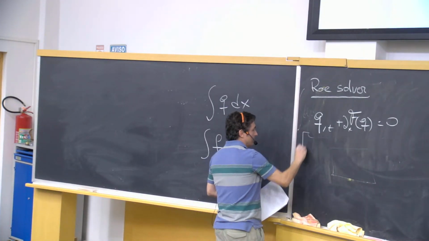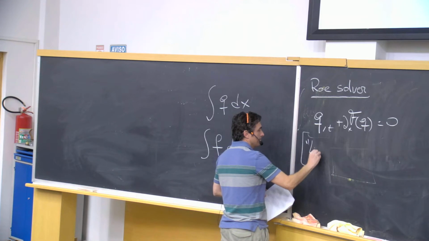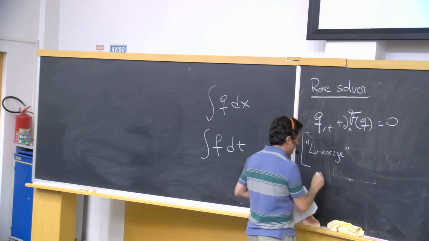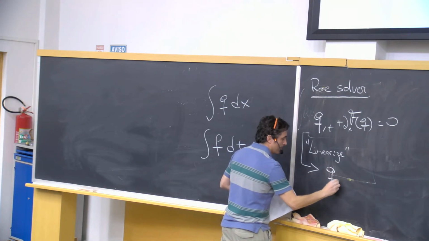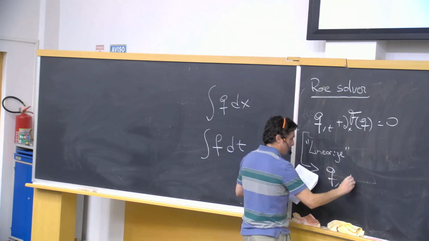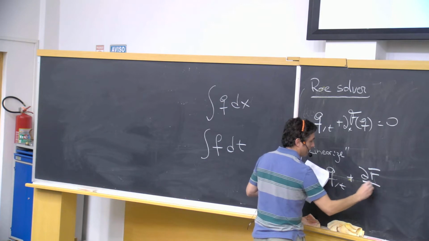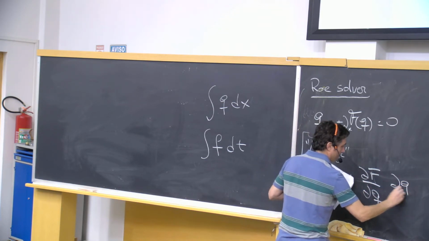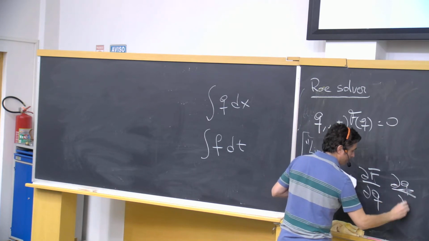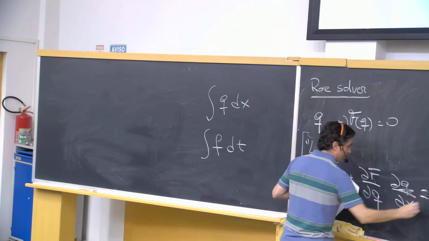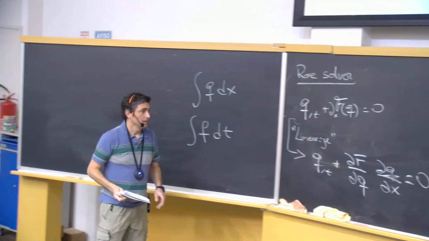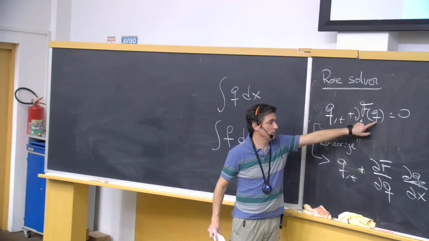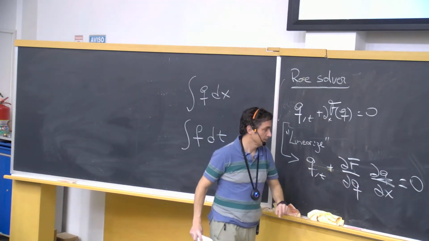Now linearize, locally linearize, and turn this problem into the following. So I just rewrite this as a derivative of f with respect to q times the derivative of q with respect to x.